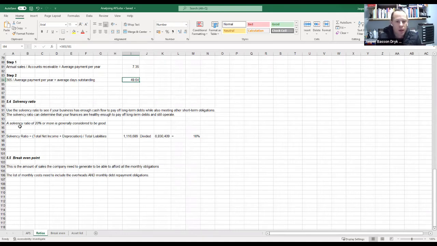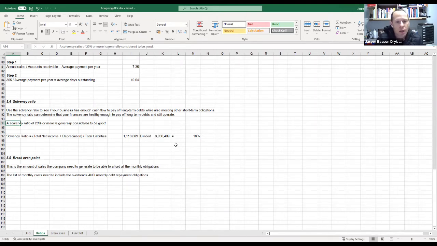It might be getting new vehicles, having them on hire purchase, or applying for a business loan, which increases your liabilities. And when you do that, your monthly installments get higher, your debt to asset ratio becomes higher, and then this percentage will get lower. So a solvency ratio of 20% and more is considered good and healthy.